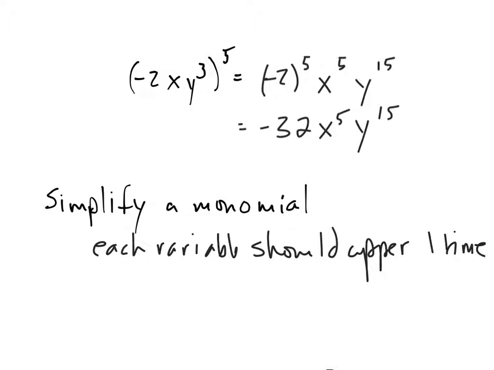Each variable should appear one time and one time only. All right? Then there should be no power to a power. So if you have a power that's being raised to a power, you have to simplify that. You have to take care of that part, right? So, so far when we simplify a monomial, each variable should appear one time and no power to a power.